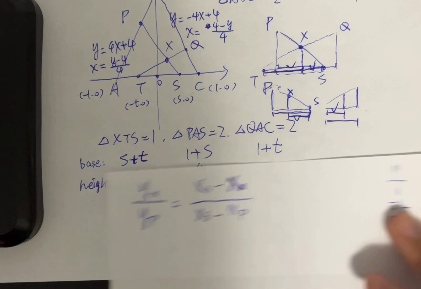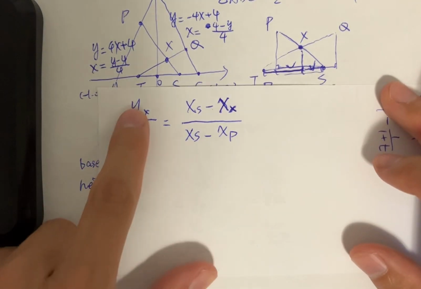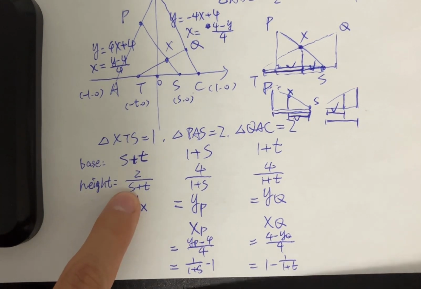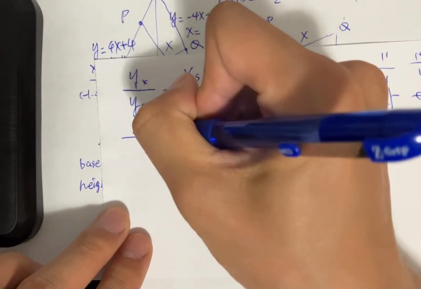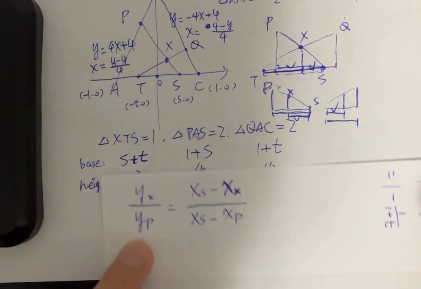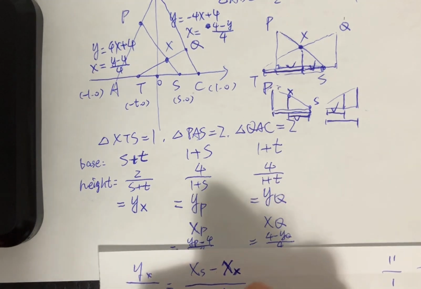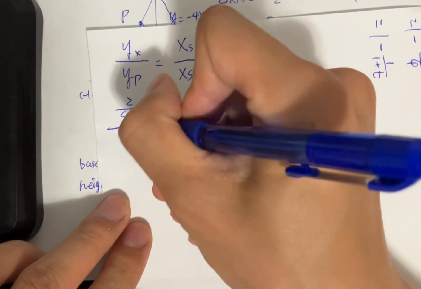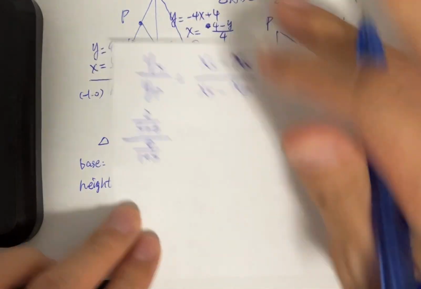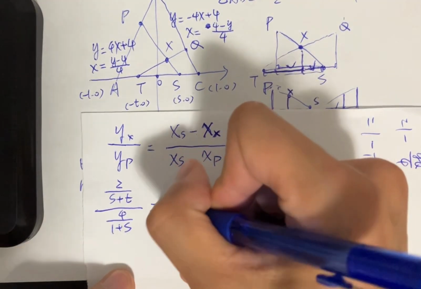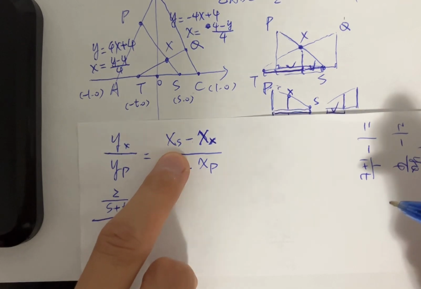Now we have to plug something in. What is YX? YX is 2 over S plus T. What is YP? YP is 4 over 1 plus S. Now, on the other hand, we've got XS. What is XS?